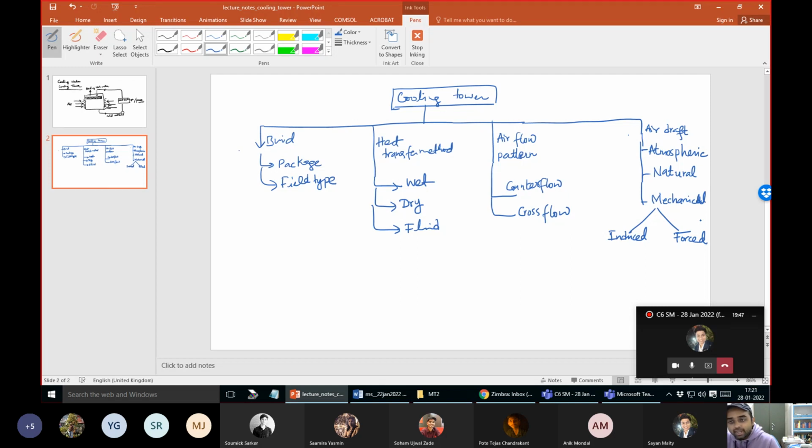These are cold tubes over which the water passes, and in the process it gets cooled. This is generally what we mean by the fluid type towers. And in the case of the dry type, it's still the same, but this cold surface is cooled by some cold air, right?